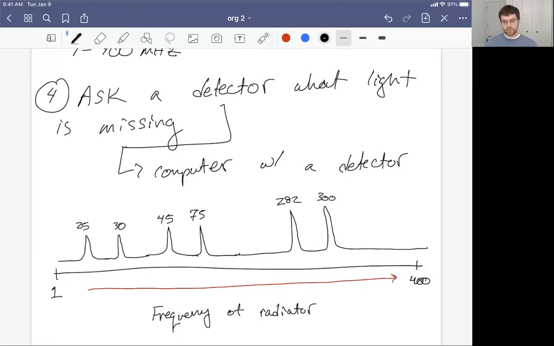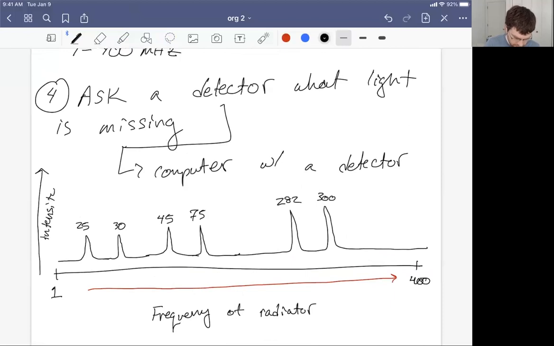So the computer writes back and says, if I look at how much light we expect, and then look at how much light we actually got, I can tell you what's missing. These missing frequencies are going to be shown as peaks with some sort of intensity.